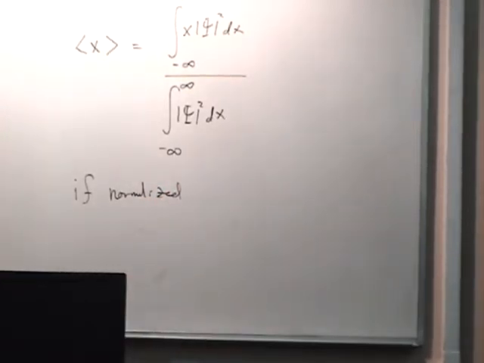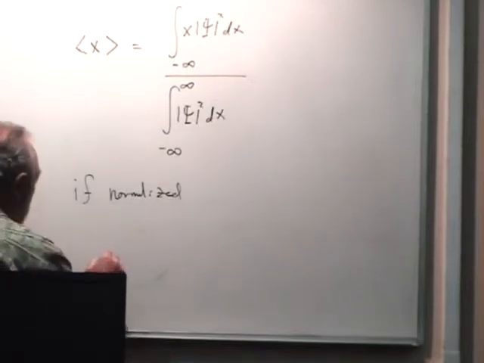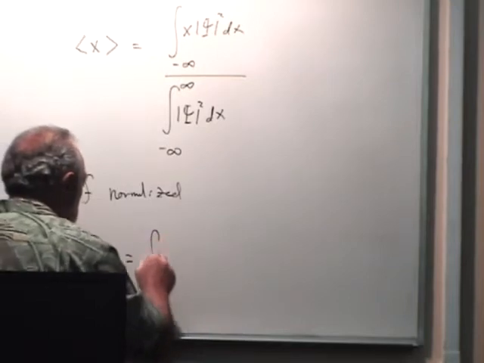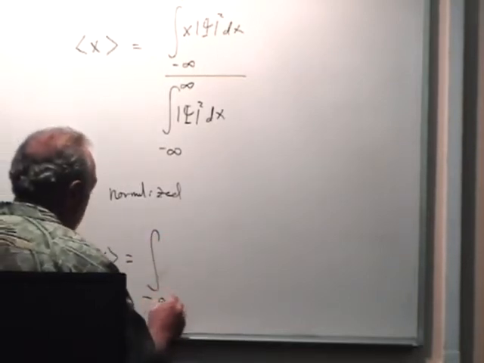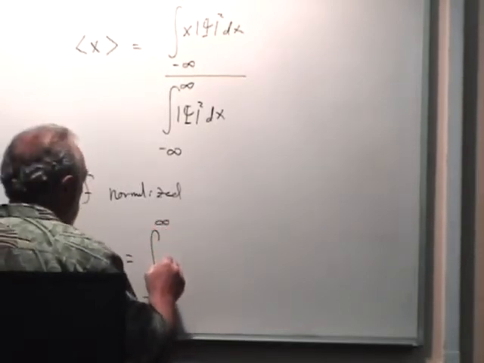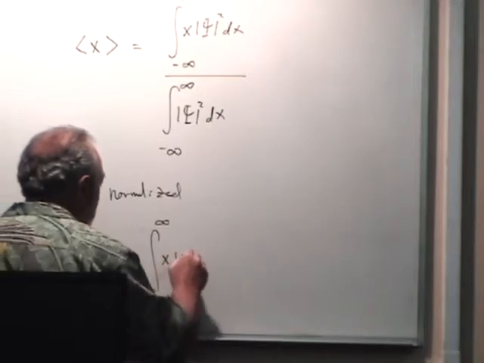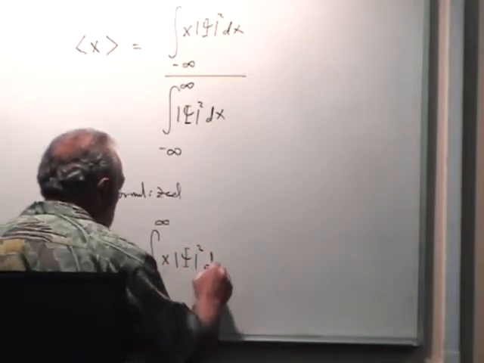What did you recognize? Anybody see it? Equals 1. The denominator is 1, isn't it? If it's normalized, then the denominator is 1. So the expectation value, if normalized, is just the integral over all logical space, minus infinity to infinity, of x psi squared dx.